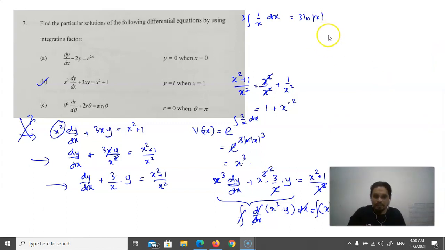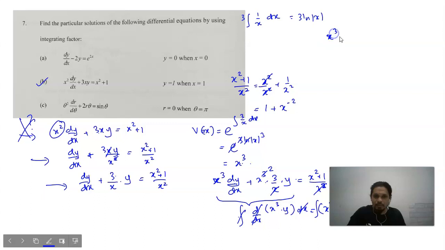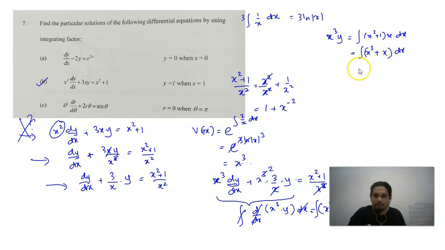So x cubed times y equals the integral of (x squared plus 1) times x dx. Expand this: x squared times x gives x cubed, and x times 1 gives x, dx, equals x to the power of 4 divided by 4 plus x squared over 2 plus c.